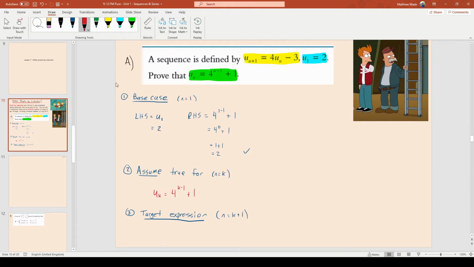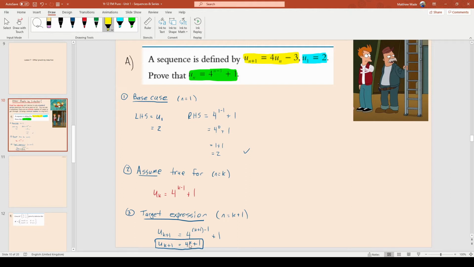Just putting k plus 1 into the original up here, U to the k plus 1 is going to equal 4 to the power of k plus 1 take 1, plus 1. Which means on the right-hand side we end up with u to the k plus 1 equals 4 to the k, not with the plus 1, plus 1. That majestic thing there is your target expression.